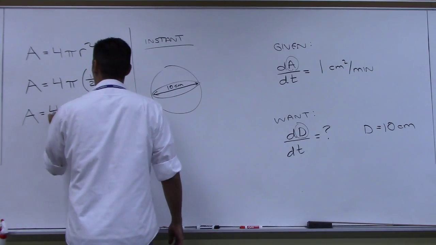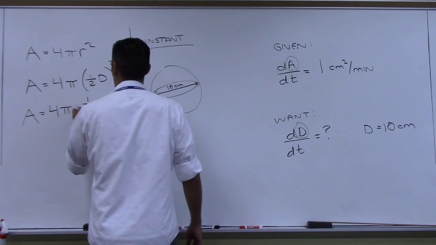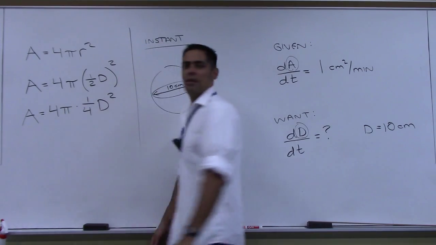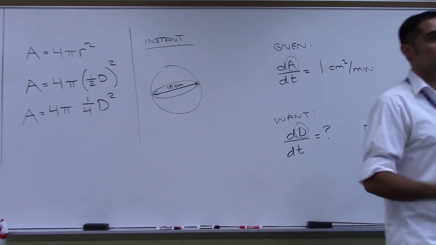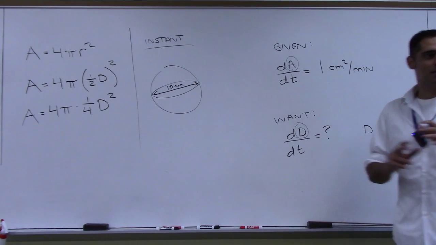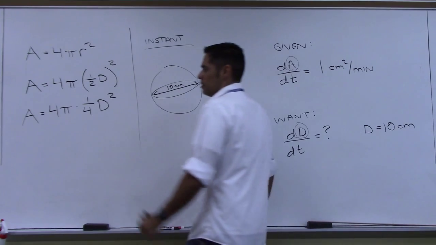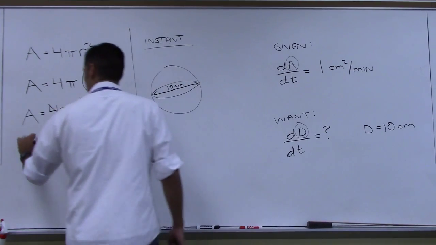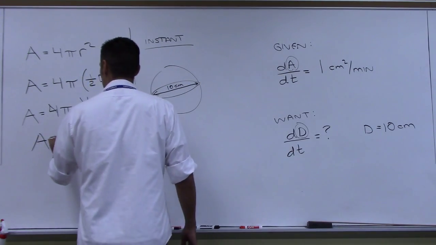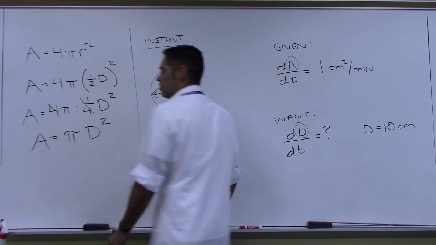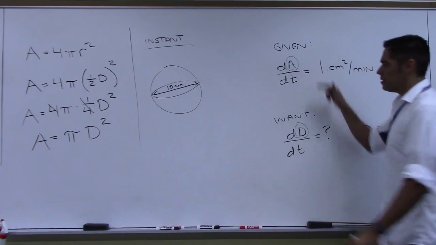So did you square the 1/2 and get 1/4? Is that it right there? You square the 1/2 and get the 1/4. I was trying to figure out where that factor of 2 was going to come from, but that's it right there. So you can cancel this, and so you get area is pi capital D squared. That's your equation. That relates area to diameter.